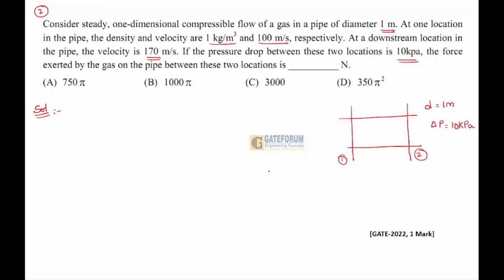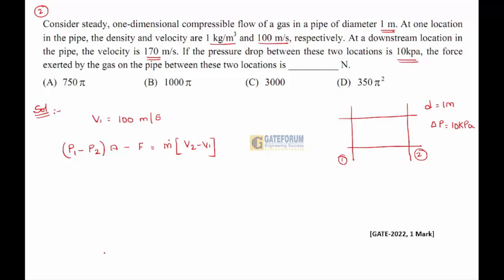He has given the velocity at the inlet as around 100 meter per second. When we apply the equation or balance the forces, (P1 minus P2) into A minus F is equal to m dot into (V2 minus V1), right?